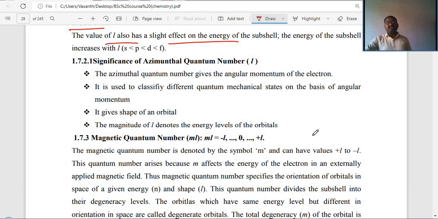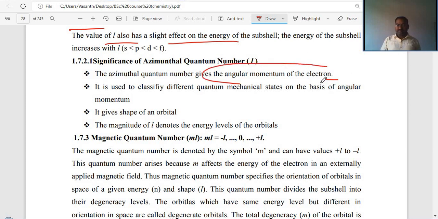What is the significance of this azimuthal quantum number? This azimuthal quantum number explains the angular momentum of an electron.